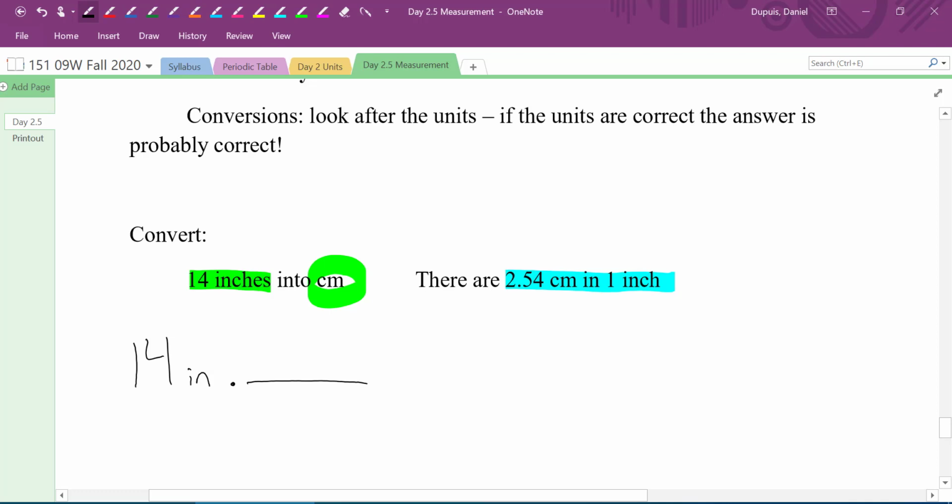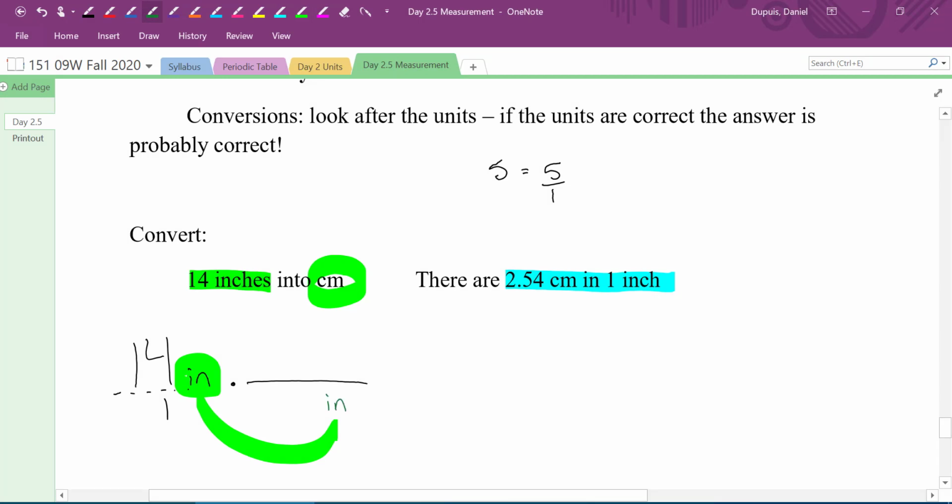Well, it has to be inches, because technically speaking, draw the line, that's over 1, right? Because 5 is the same thing as 5 over 1. So 14 inches over 1 is the same thing as 14 inches. I'm just dividing by 1. So inches has to go on the bottom here.